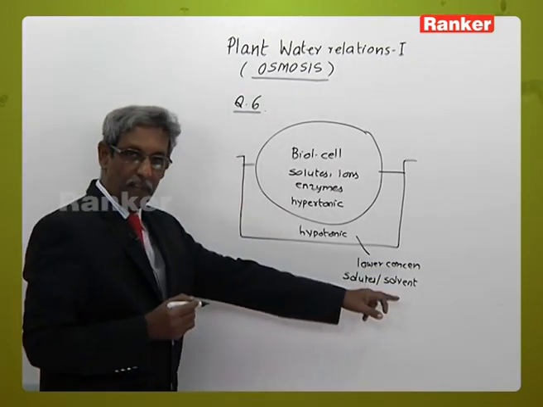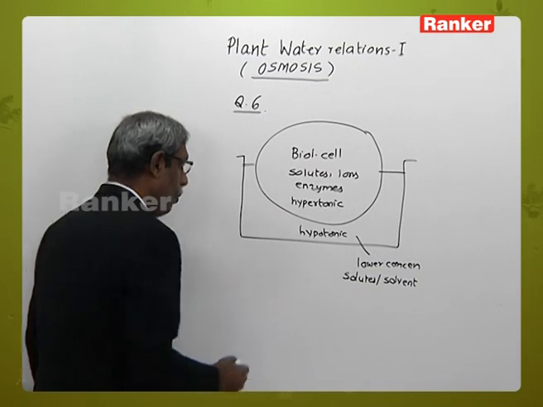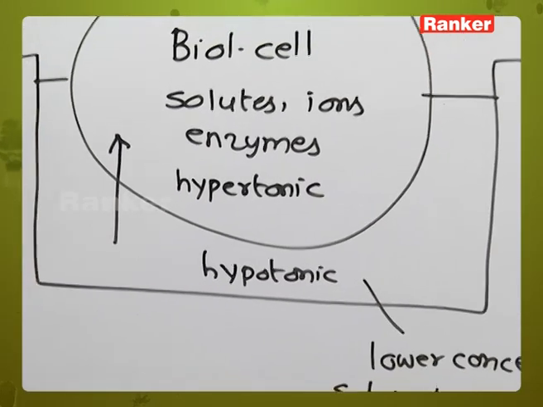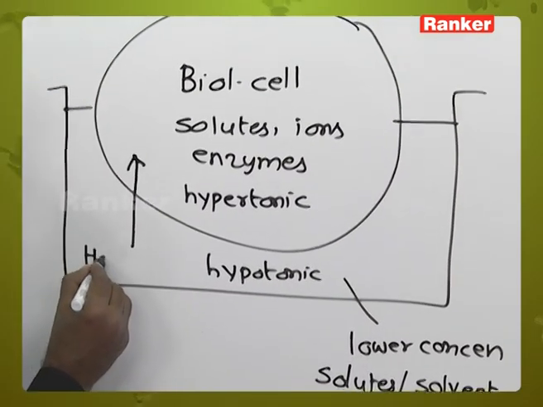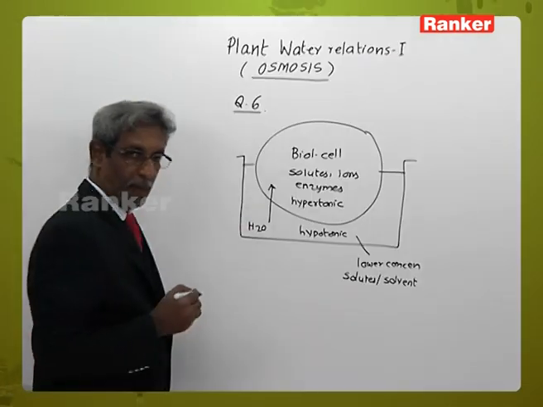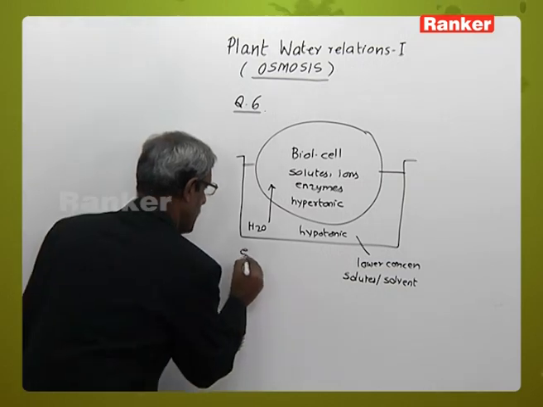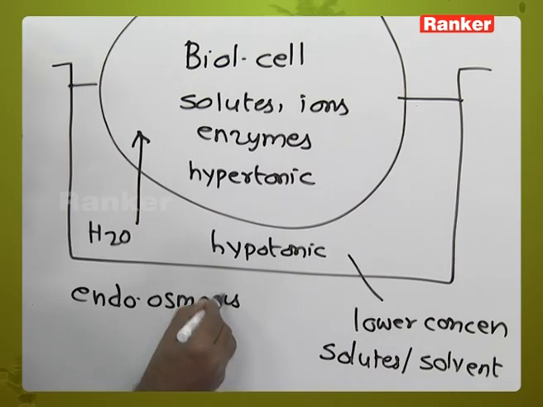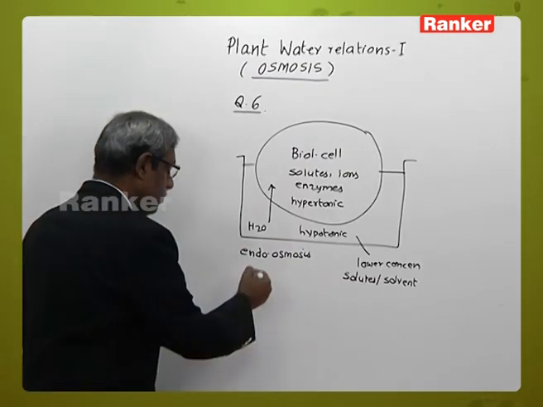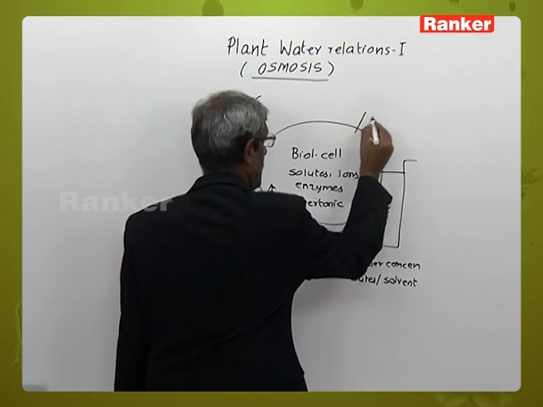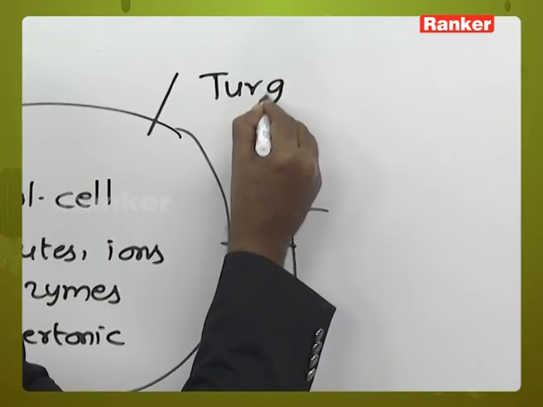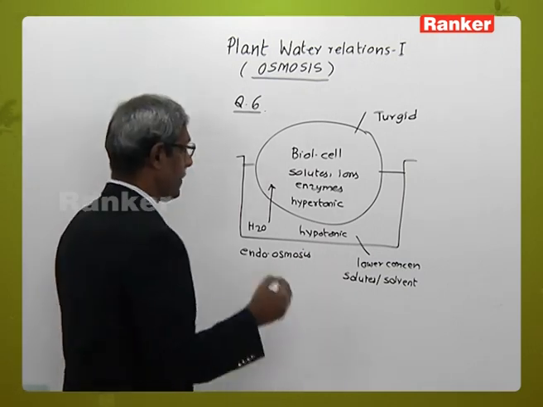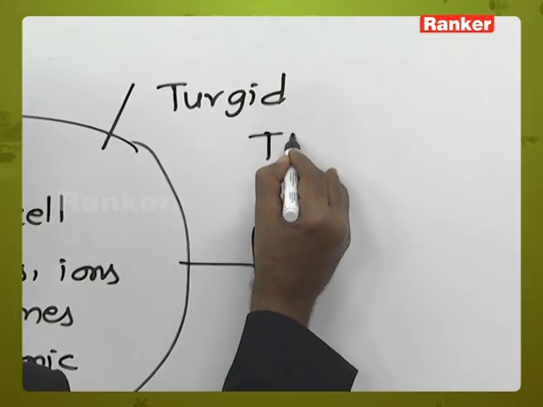because water has more free energy, water tends to move inside. The movement of water inside the biological cell is termed as endo-osmosis. And when there is movement of water, the cell becomes turgid. Turgidity is due to the presence of turgor pressure.